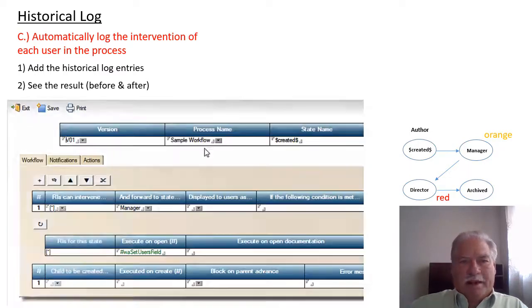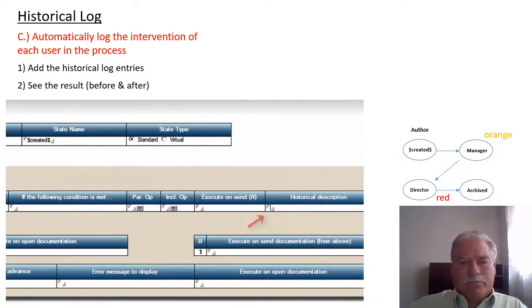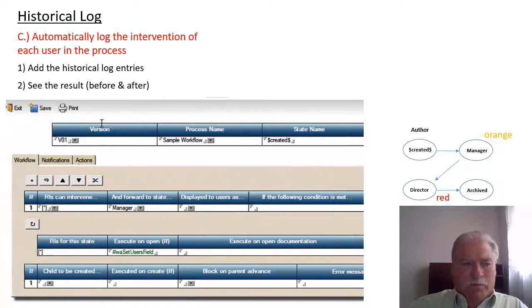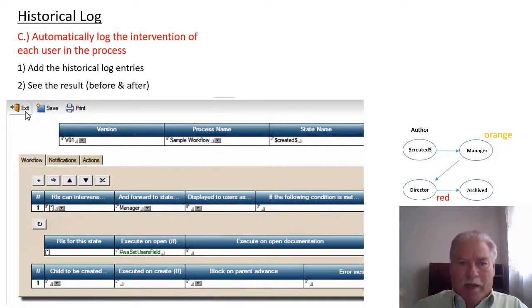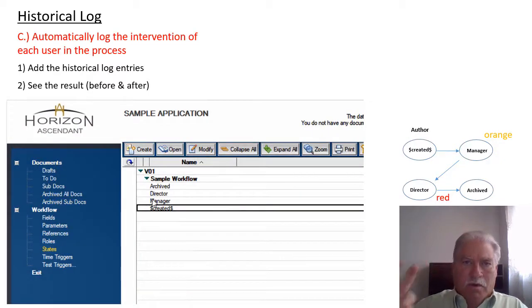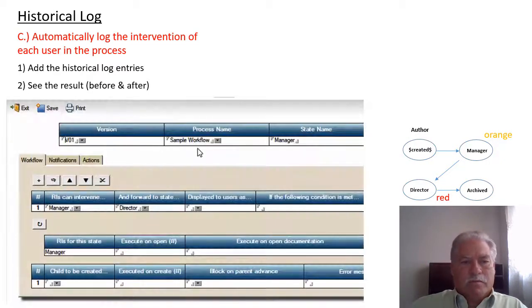And now we'll go in and add the particular log entries we want to see reflected in that table. So created, we'll say author. There we go. When that rule is executed, that text will be added to the historical log entries.